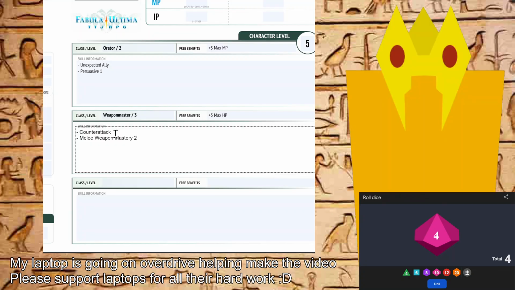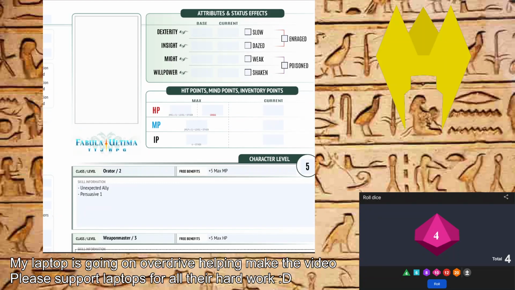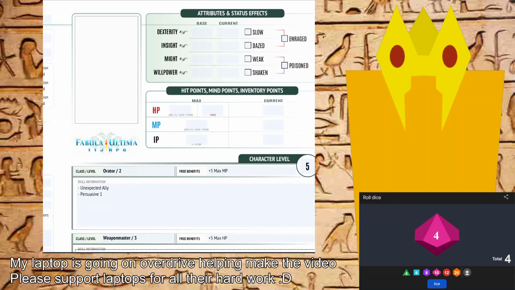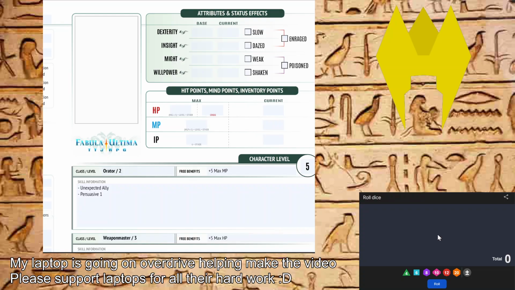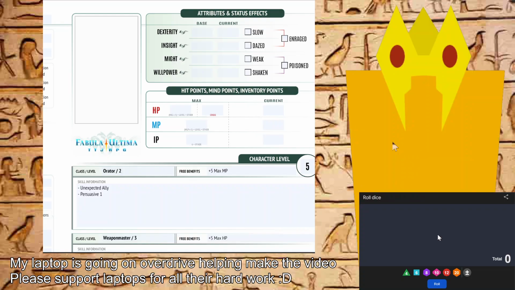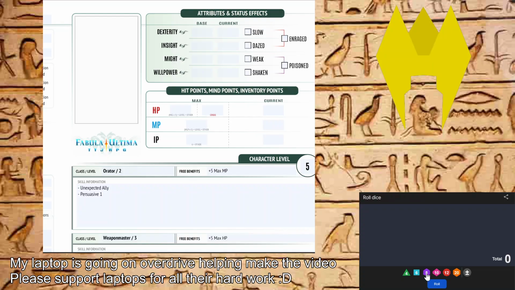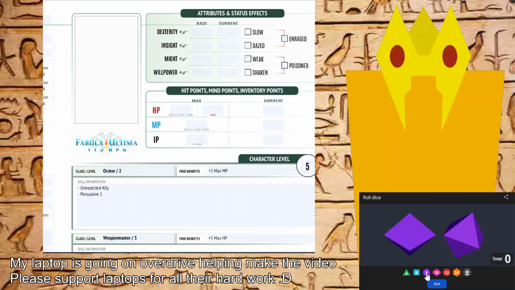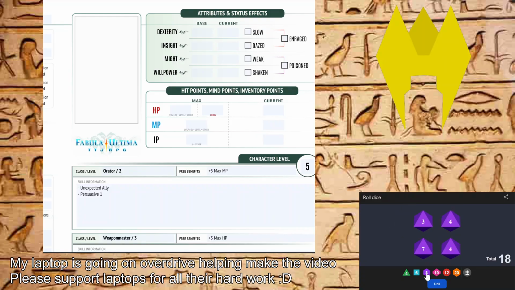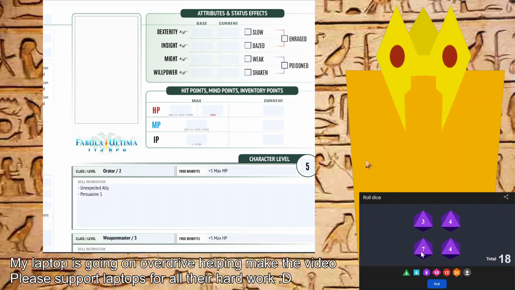Next thing that we got to talk about is attribute dice. Now for our attributes, we can only choose between 3 different profiles, right? There is the Jack of all trades, which is 4d8s. These are all d8s.